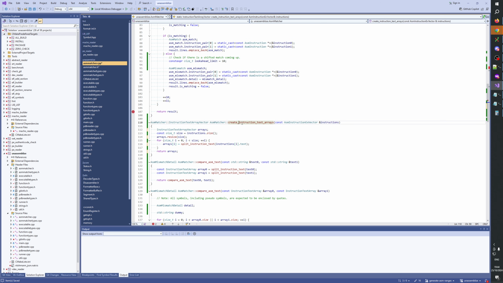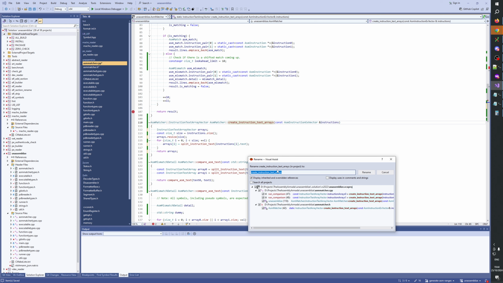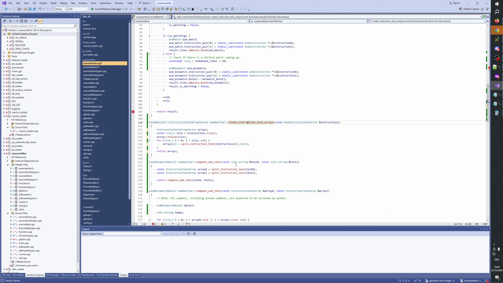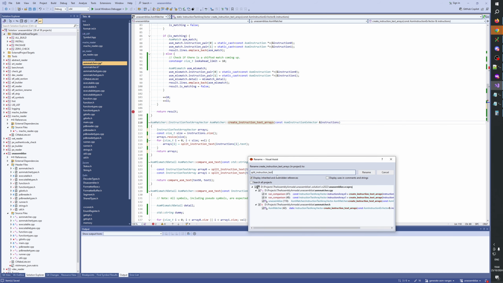Maybe we should call this split instruction texts, since we already have this established here. Texts.